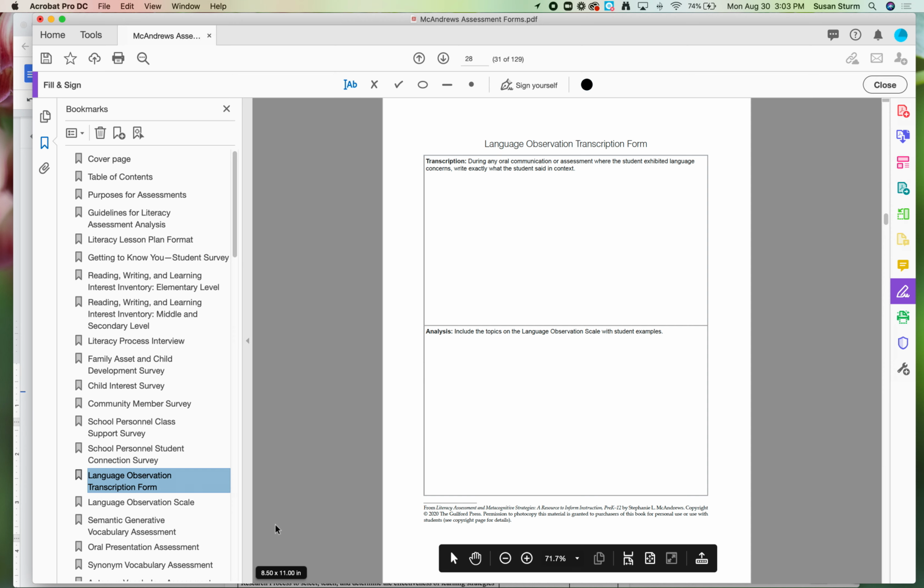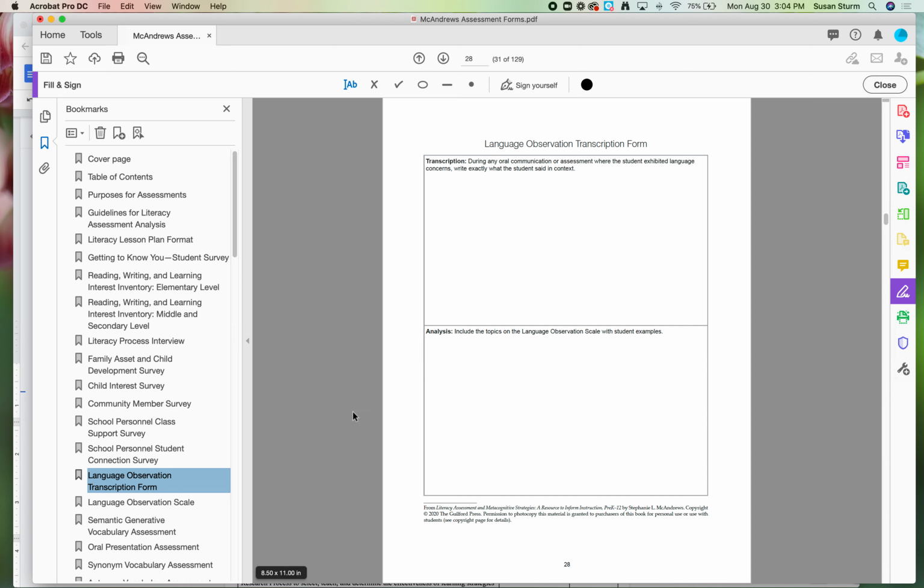So the observation transcription form, you're meant here to capture notes, record the student's language in what you hear as they're communicating in natural settings throughout the classroom. You should be paying attention to the way that they interact with their peers, the way that they interact with adults in the classroom. Anything that catches your attention, you can write here the notes that you're keeping.